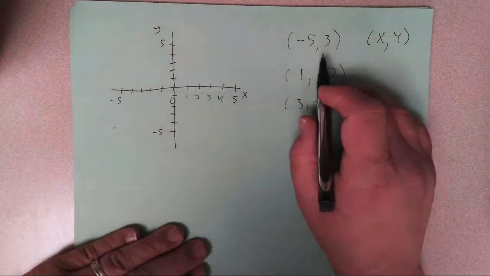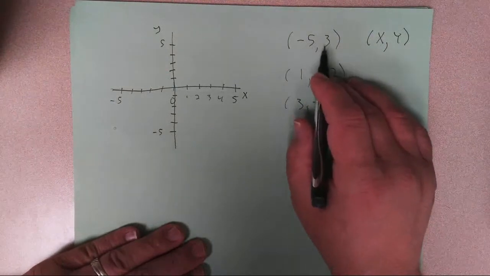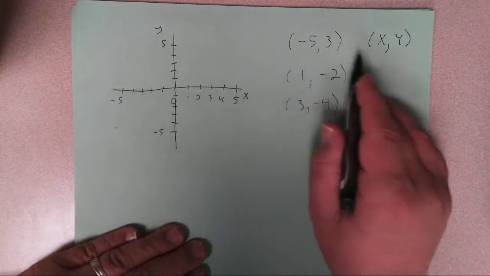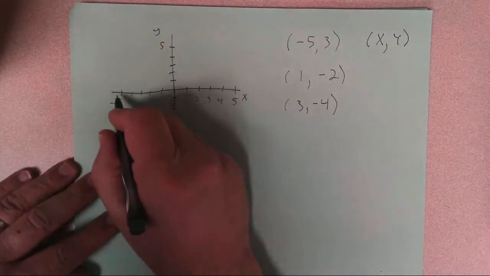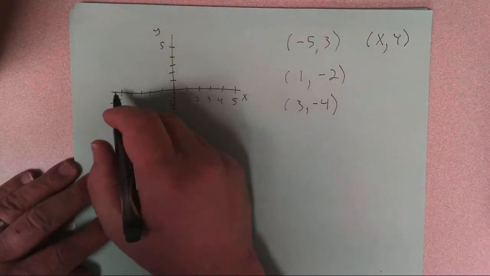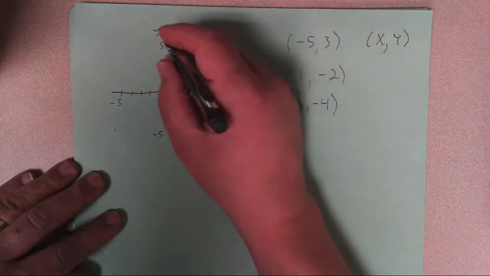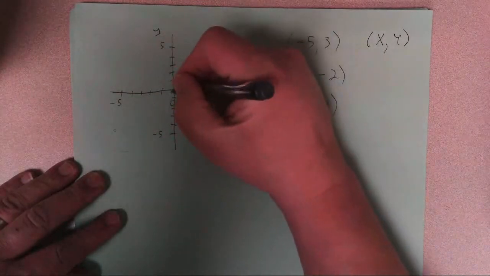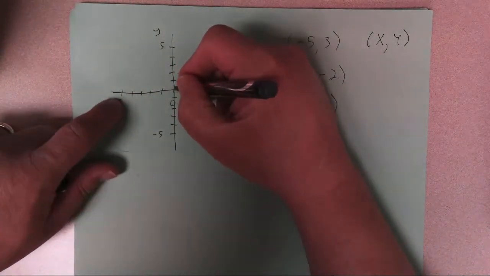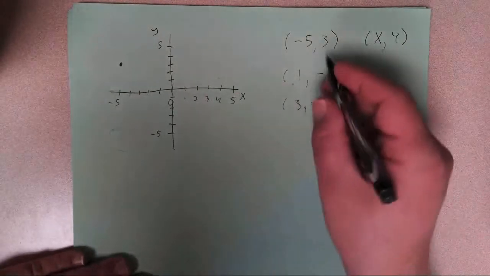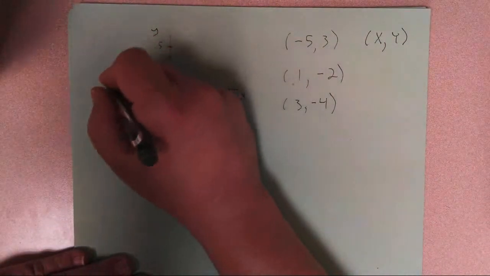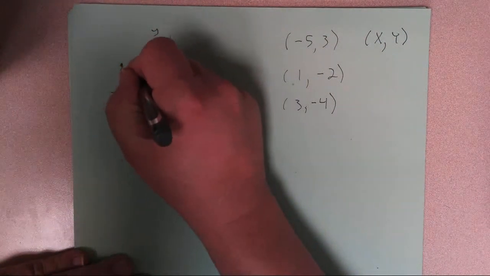To graph an ordered pair like -5, 3, the -5 is the x-coordinate, so we go to -5 along the horizontal axis, and then 3 is the y-coordinate, so we go up 3. Where these two cross, you put a point. And that'll be the graph of the point -5, 3.